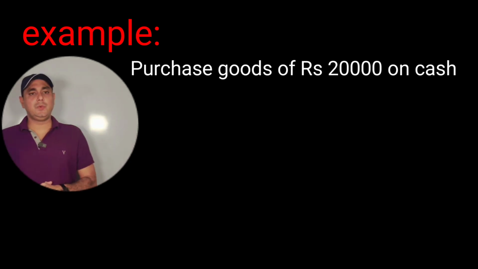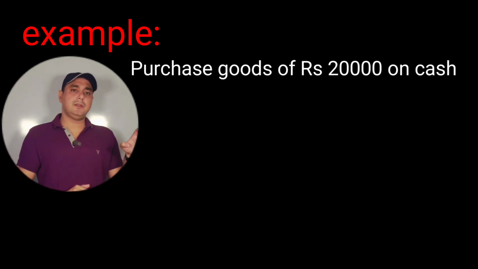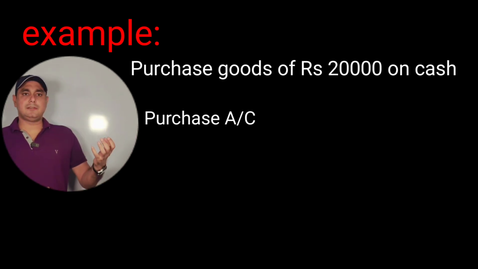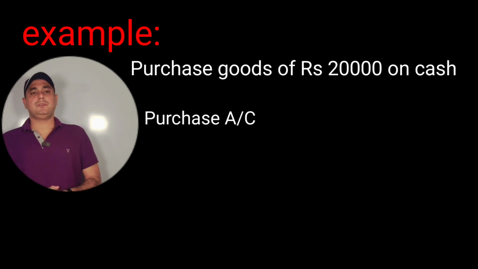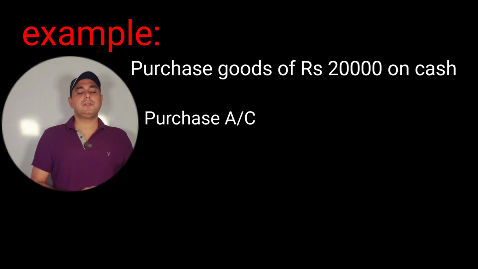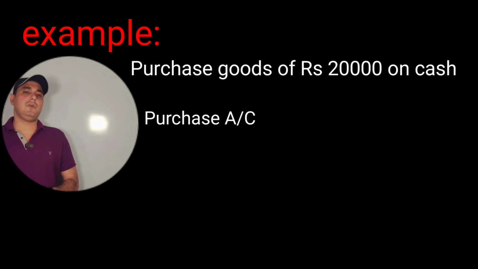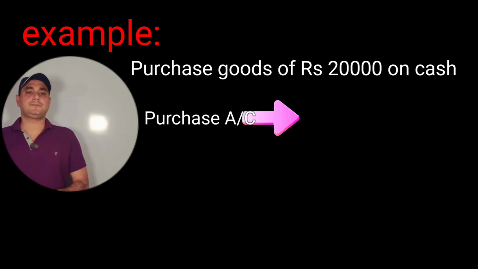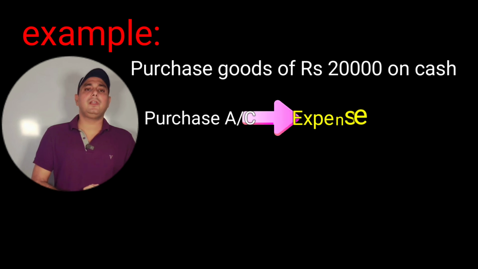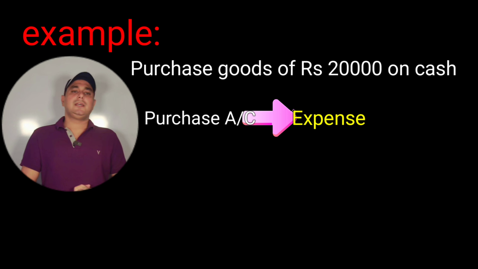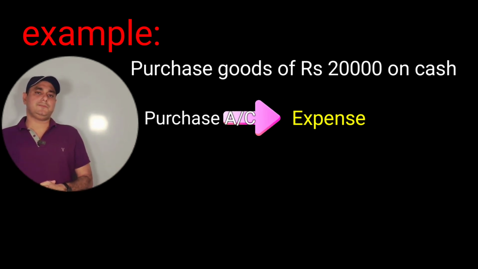One thing I'll tell you here: when we buy goods for selling, trading, we record the purchase account. When we sell goods, we record the sales account. Here one aspect is purchase, because we purchase goods for selling of rupees 20,000, and you need to categorize in which category purchase falls. Purchase will fall in the expense category, because when we purchase goods, we incur an expense actually.